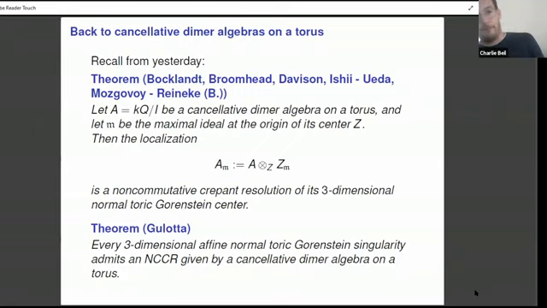Since any three-dimensional toric one that could have an NCCR has one given by a dimer algebra, it shows the importance of these algebras.